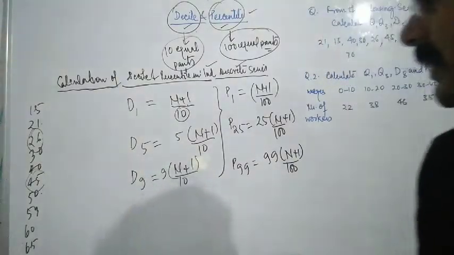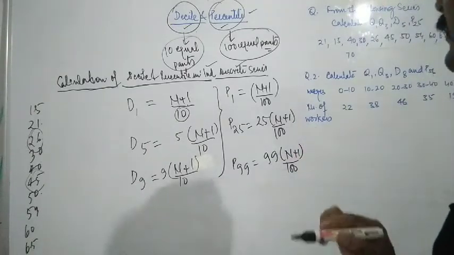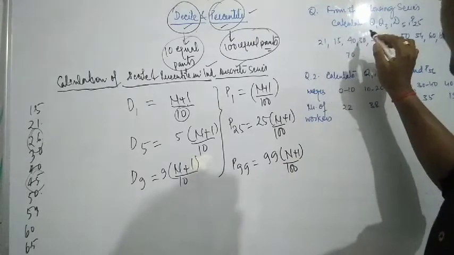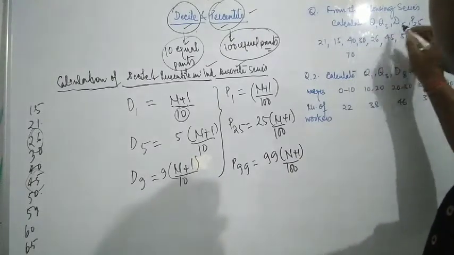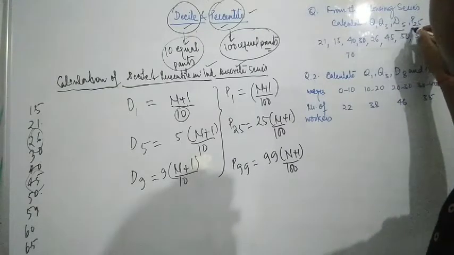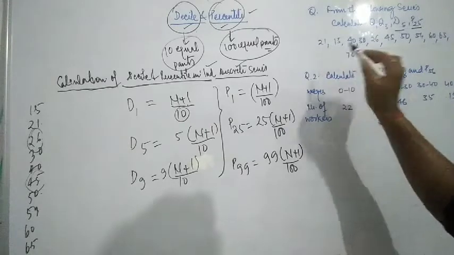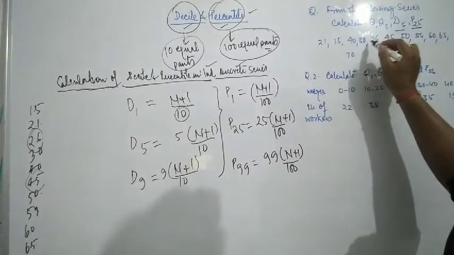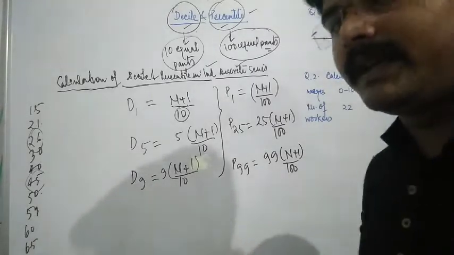To understand in more detail, we will take an example of an individual series. Here I have an example calculation of decile and percentile. We have to calculate D5 and P25 from the following series. I have taken 11 values: 21, 15, 40, 30, 26, 45, 50, 54, 60, 65 and 70.